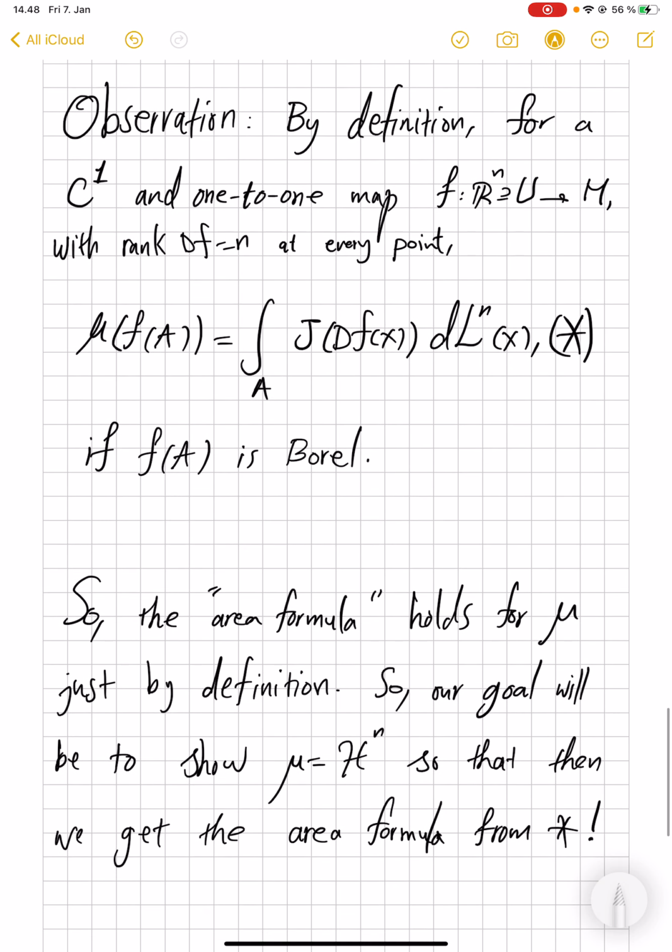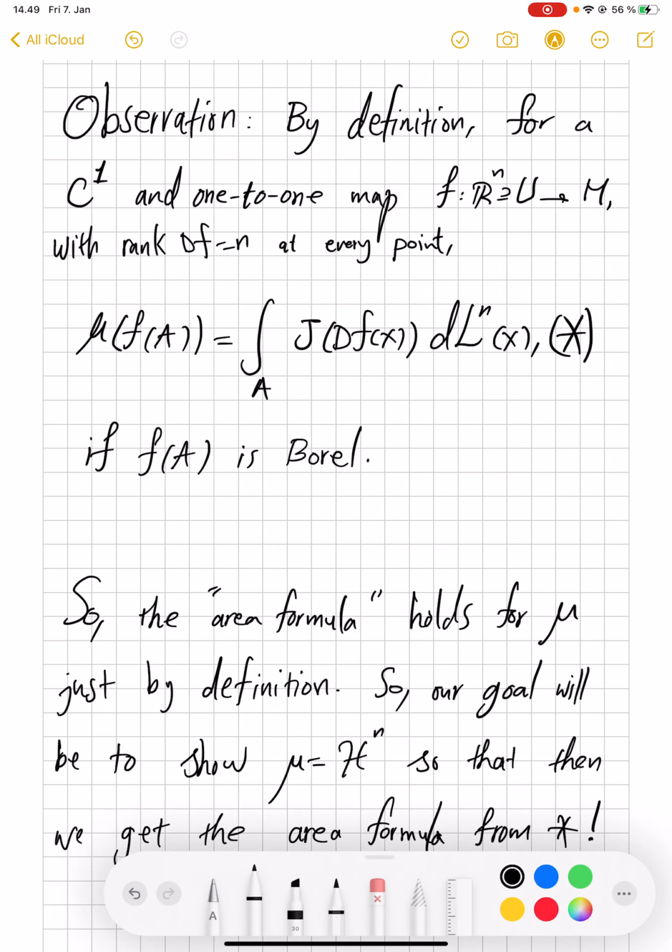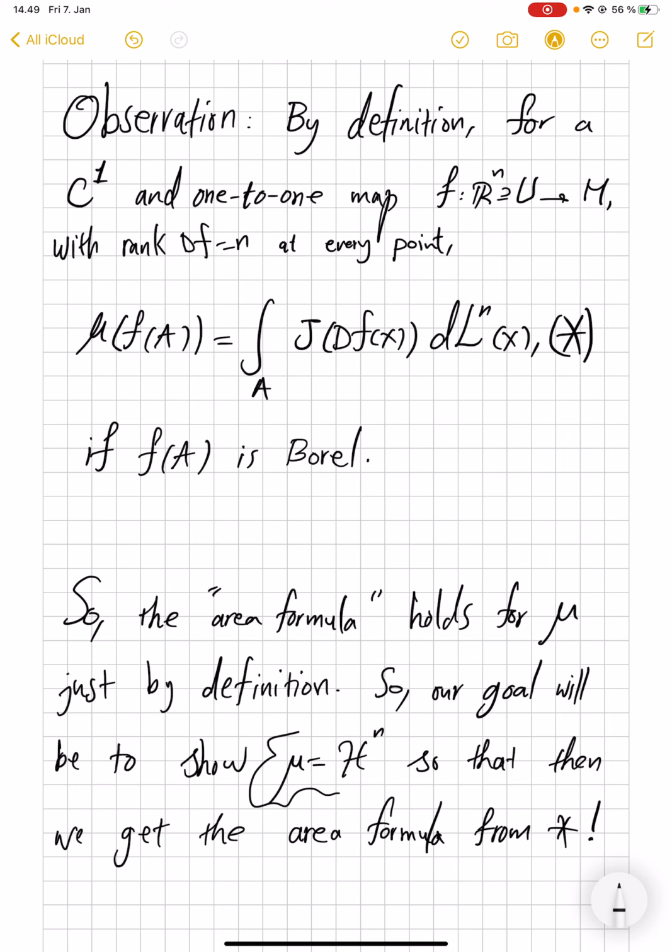But the main idea, the goal of this video and the next one, will be to prove directly that this mu measure that we constructed coincides with the Hausdorff measure. Therefore, from the star, you can replace this mu with Hn of f of A, which is now exactly what the area formula gives us.